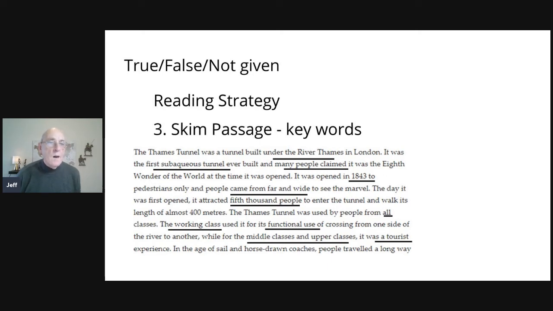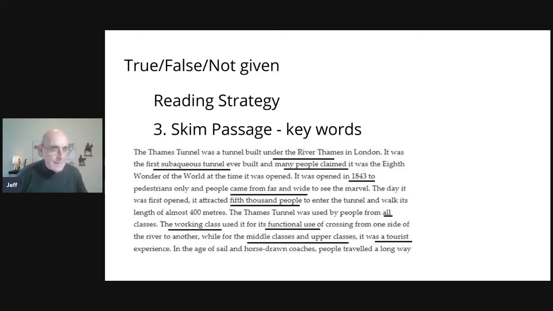Okay. And then I get to the next line and I see came from far and wide. Now that sounds familiar. It sounds like something I underlined in the questions, but it's not the exact same words. It's probably a paraphrase. And I think it might be a paraphrase of drawn from all over. Do you remember that phrase in the questions?